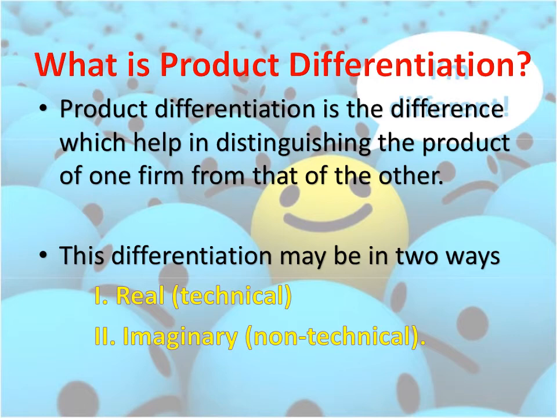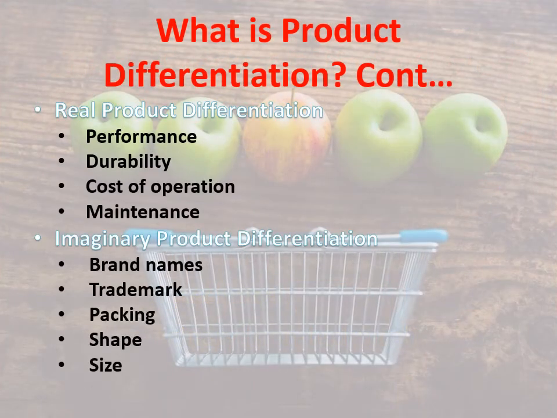The differentiation may be of two kinds, real and imaginary. The real differentiation refers to technical features like product technical life and performance, durability, cost of operation, and maintenance. On the other hand, non-technical differentiation may take the form of brand names, trademark, packing, shape, size, and likewise.